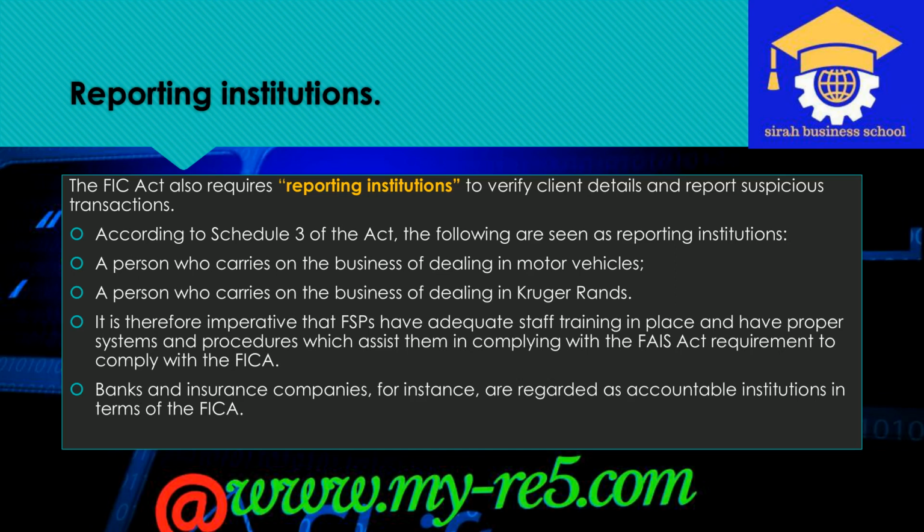A person who carries on the business of dealing in Kruger-Rands. It is therefore imperative that FSPs have adequate staff training in place and have proper systems and procedures which assist them in complying with the FIC Act requirements. Banks and insurance companies, for instance, are regarded as accountable institutions in terms of the FICA.